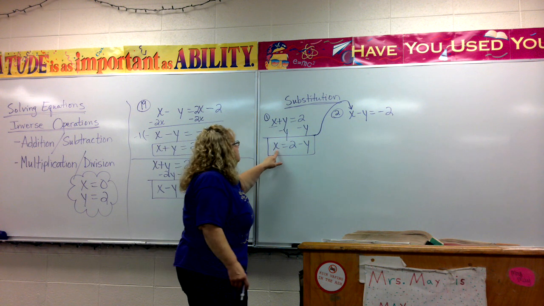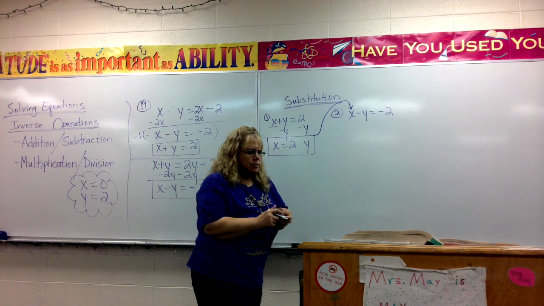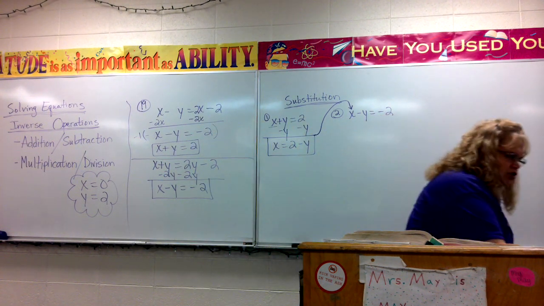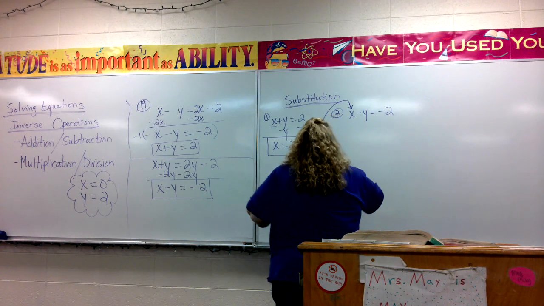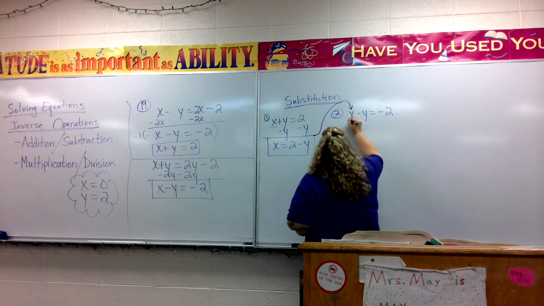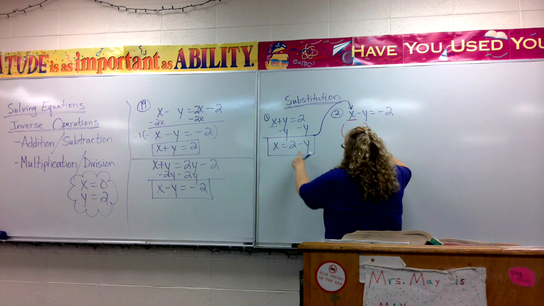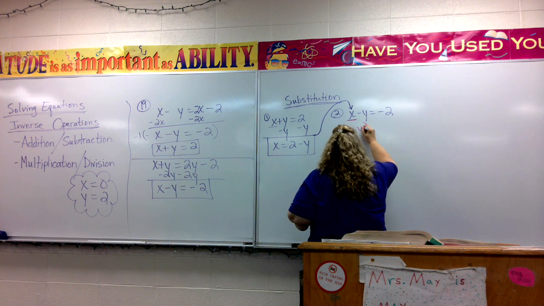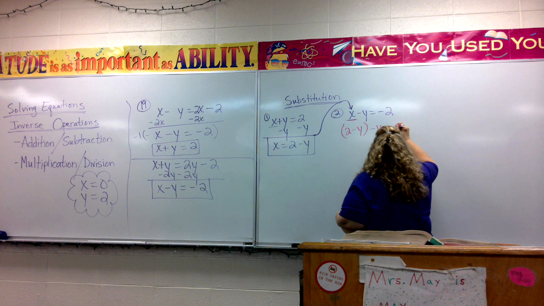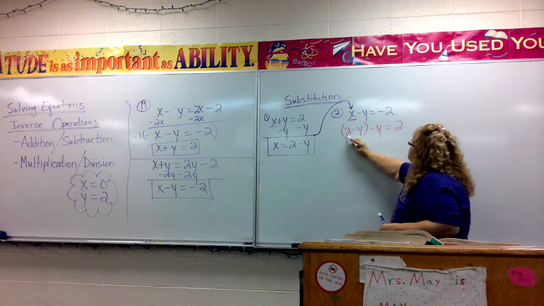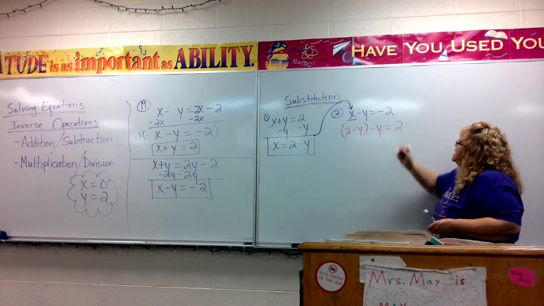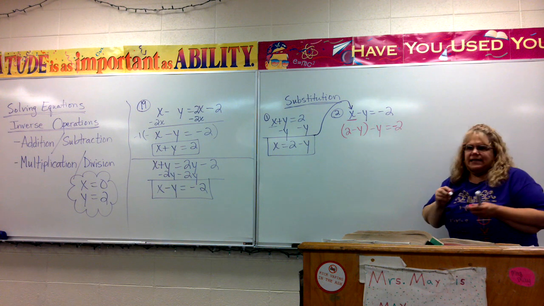So what is x equal to? x is equal to 2 minus y, right? So in place of this x, I'm going to put what x is equivalent to. See it right there? There's my x take away y equals negative 2.